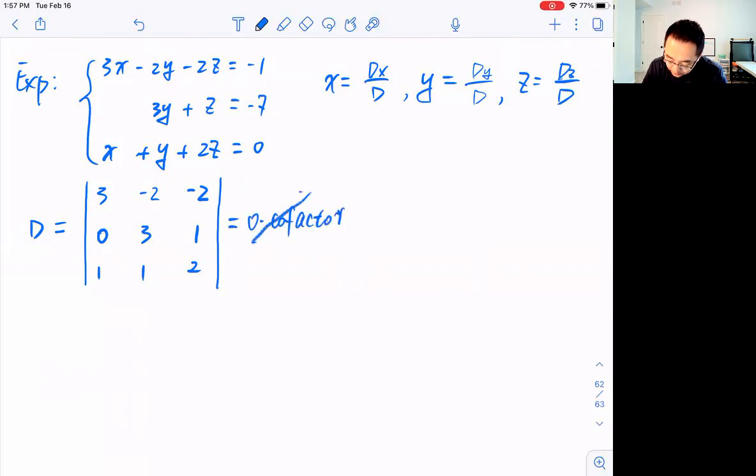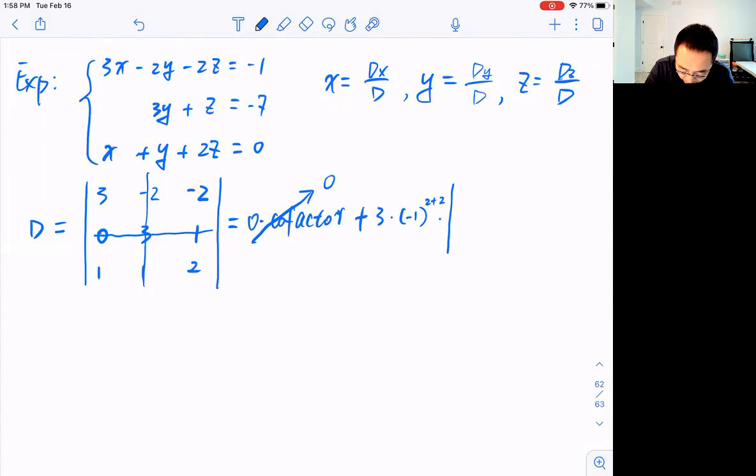and that's just 0, plus now 3 times, so I'm using this 3 right here, and that's 3 times -1 raised to the second row plus the second column, and times its minor, which is getting rid of the second row and the second column like this. So you get 3, -2, and 1 and 2, right?